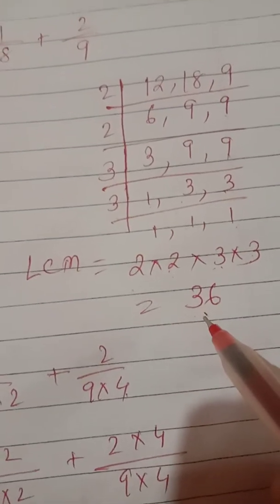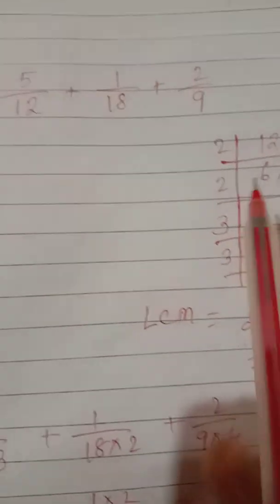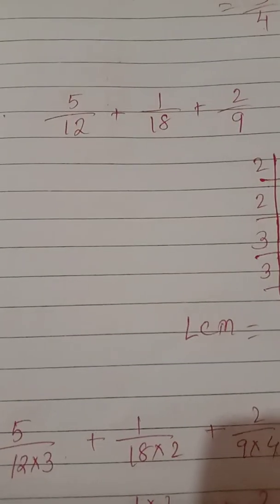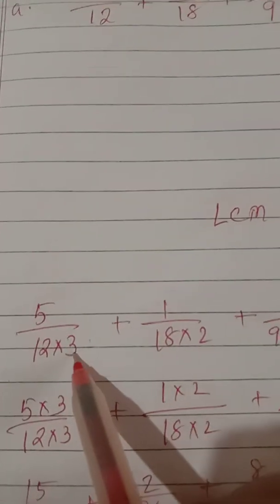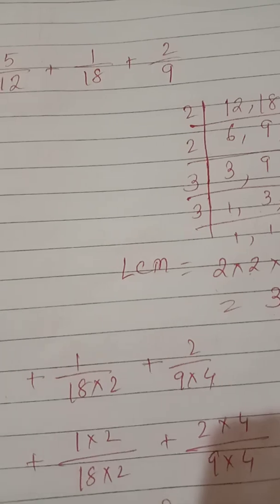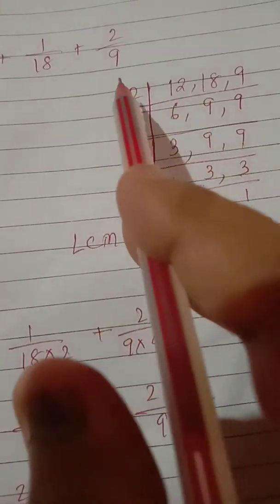After finding the LCM, what do we have to do? This LCM we have to divide by each denominator. So if I divide 36 by 12, I will get 3. If I divide 36 by 18, I will get 2. And if I divide 36 by 9, I will get 4.